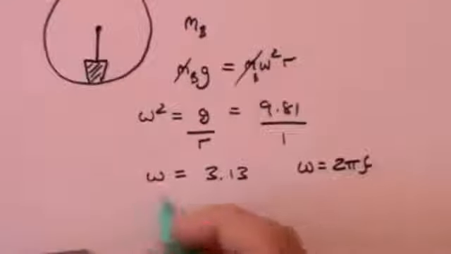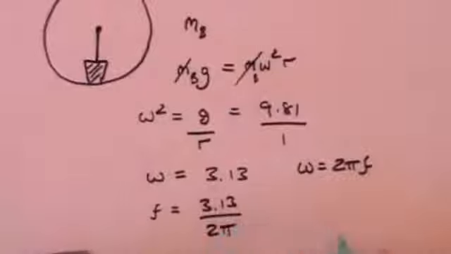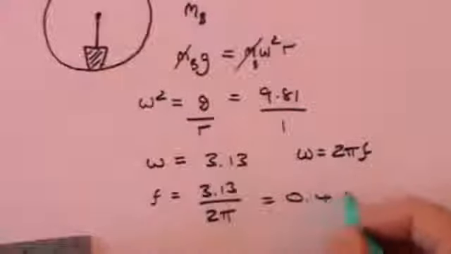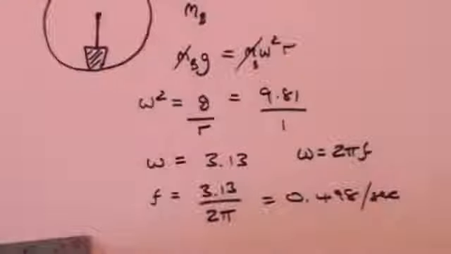So the actual frequency of rotation is 3.13 divided by 2 pi, which comes to 0.498 revolutions per second, or if you like, 1 cycle every 2 seconds. So as long as I swing the bucket over my head, it matters not what the mass of the bucket is or how much water you've got in it, as long as you swing it over your head at least once every 2 seconds, you won't get wet.